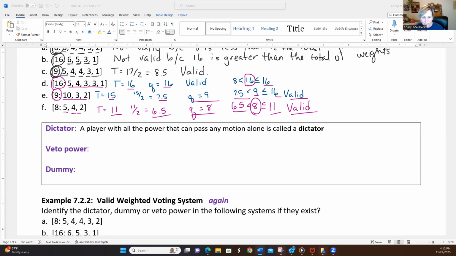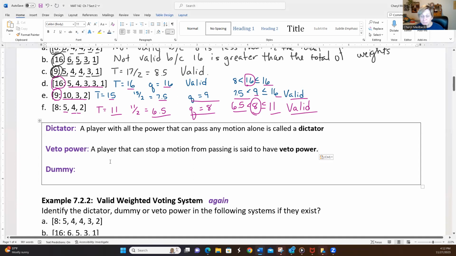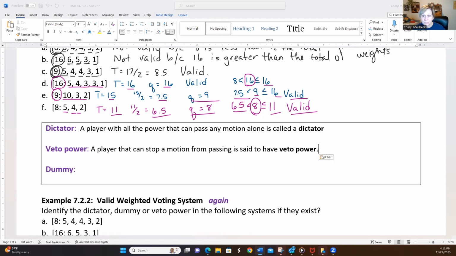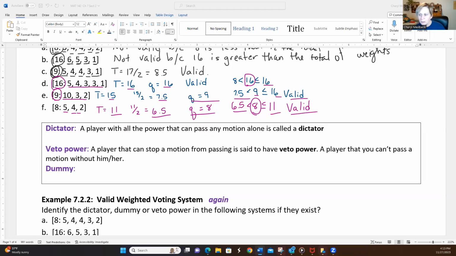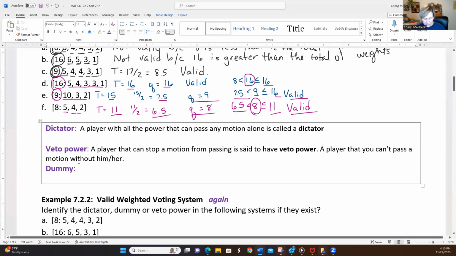A player that can stop a motion from passing is said to have veto power. This is usually one of the first players who has more weight, so you can't pass a motion without him. That's going to be a player with veto power. A dummy is a player who has no power at all.